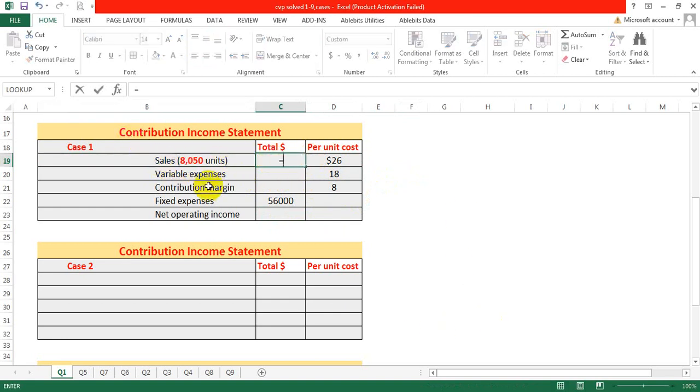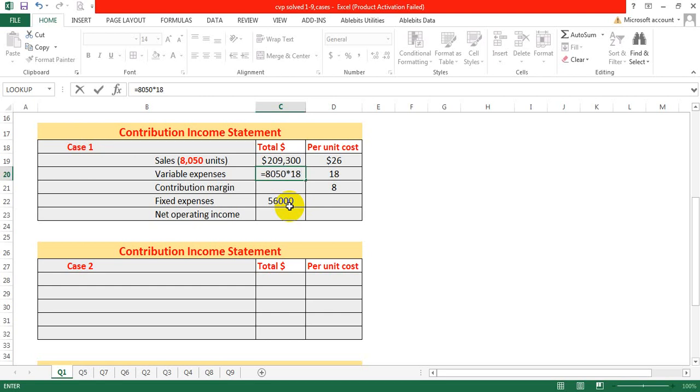Now how will we calculate total sales? Units into per unit price, as we have already seen in our previous lectures, which were theory based. 8,050 multiplied by 26, what we got? We got $209,300. Okay, now the variable expenses: 8,050 multiplied by 18, right?